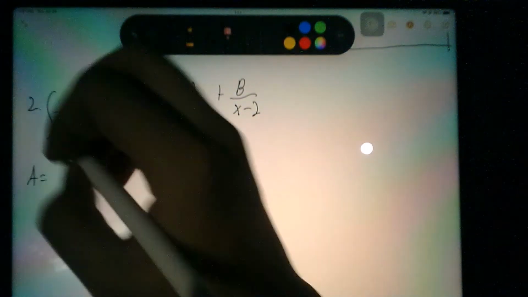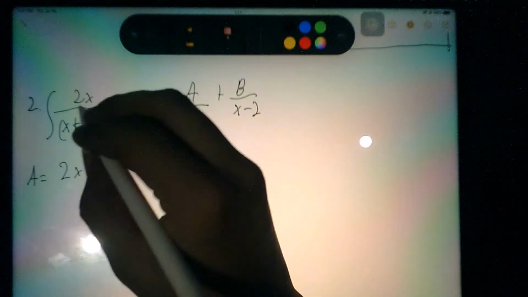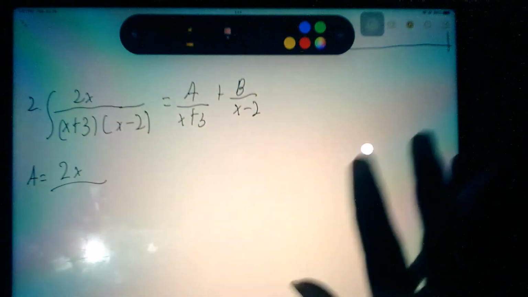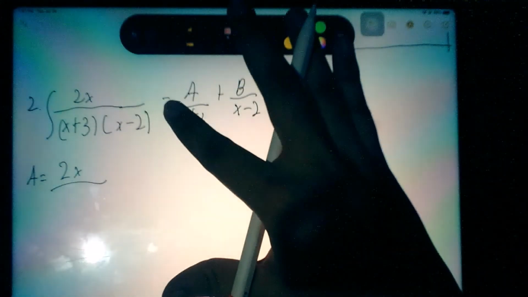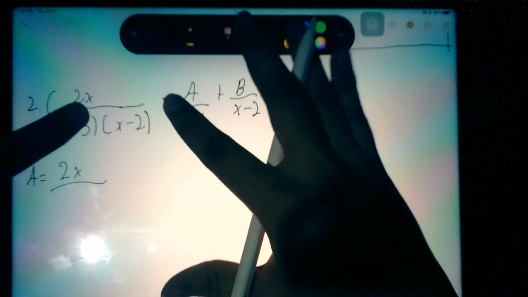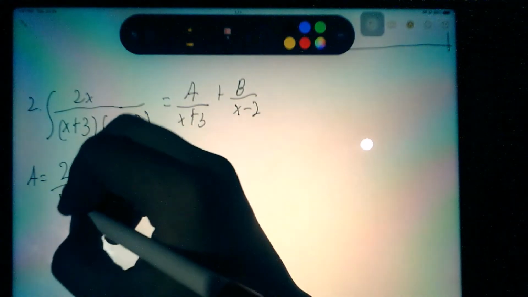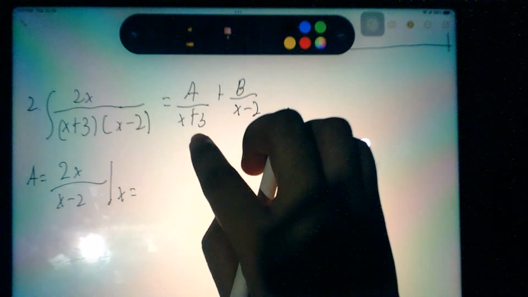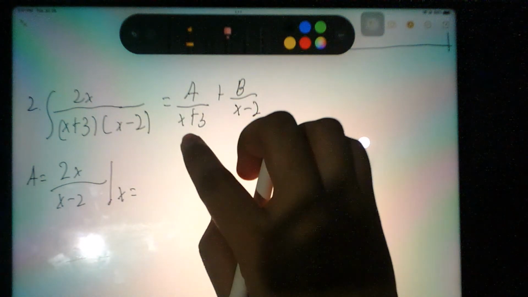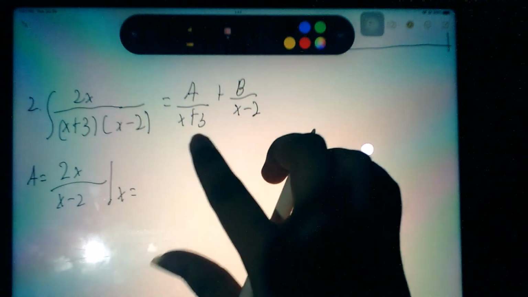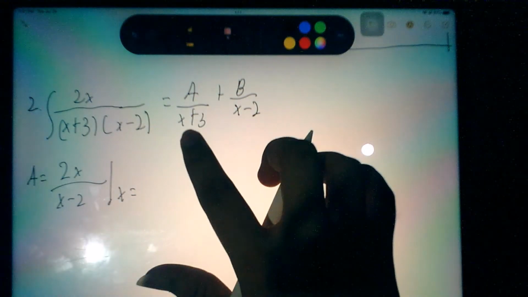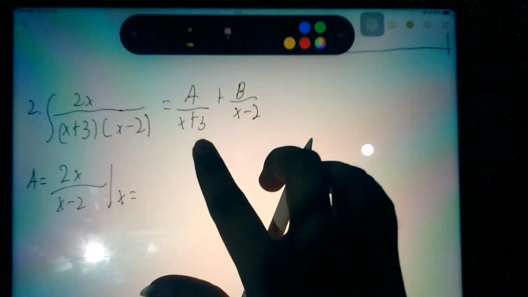So we will find a using the cover up method: we cover x plus 3, and what will be left is x minus 2. The value of x must make x plus 3 equal 0, so negative 3 plus 3 equals 0.